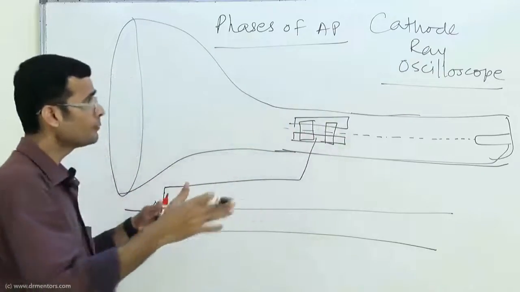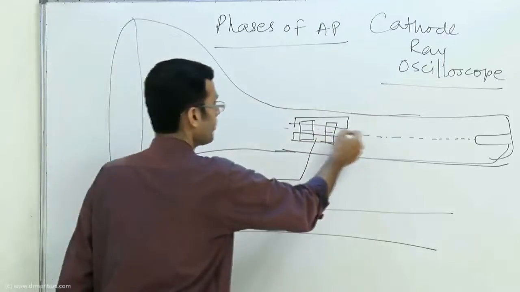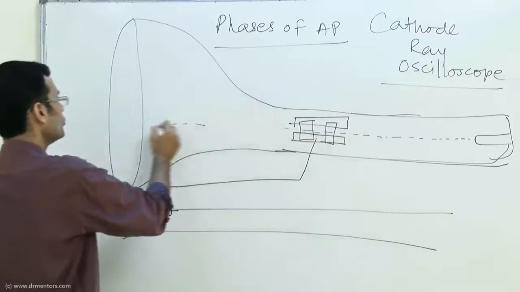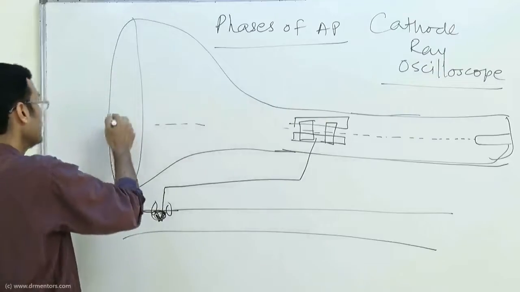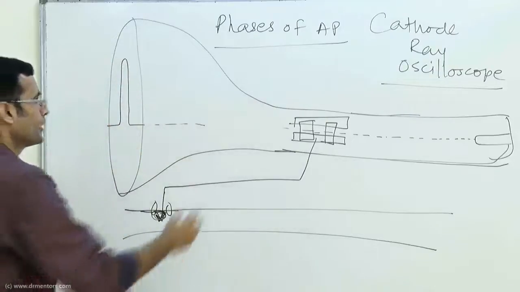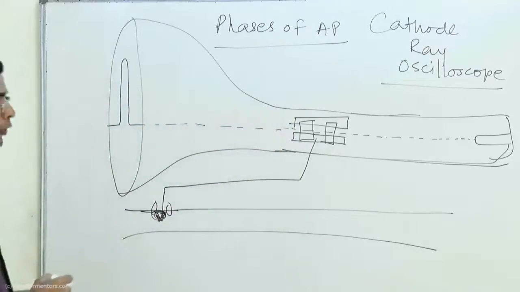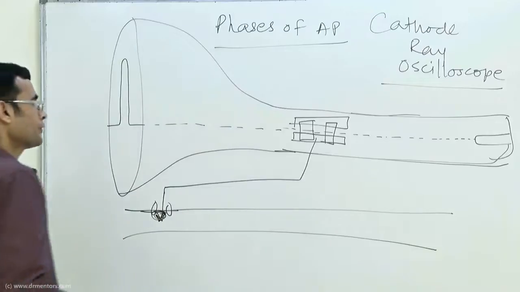Accordingly, the metal plates will move, and the electron beam passing through these metal plates will also move while striking the screen, and that will give you a graphic record of those changes. That's how we record action potential from one point of the nerve.